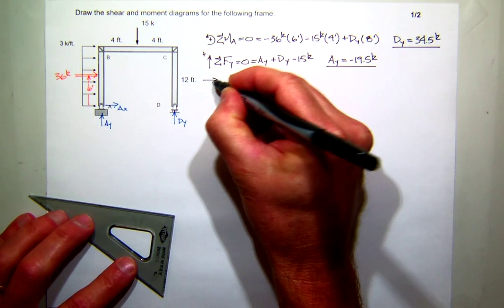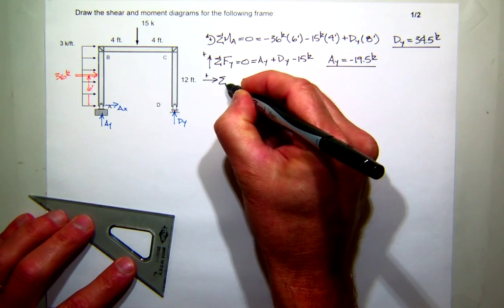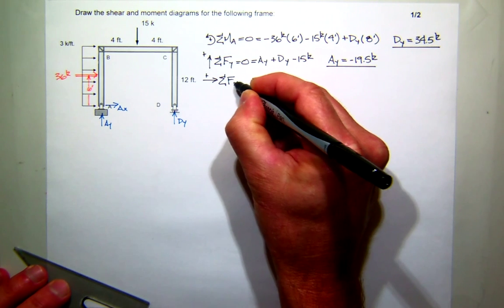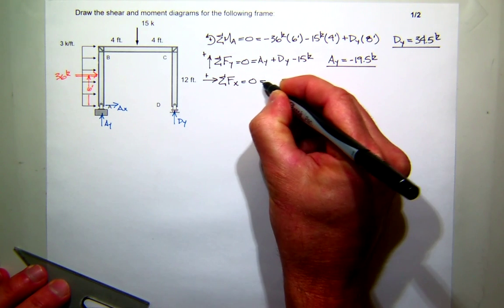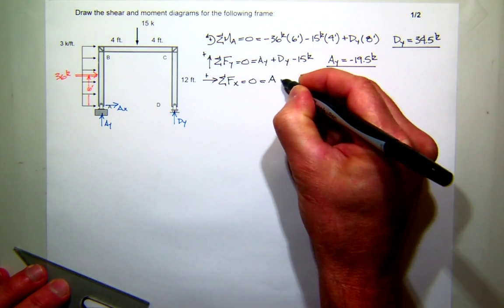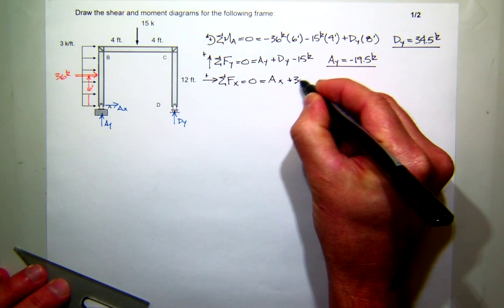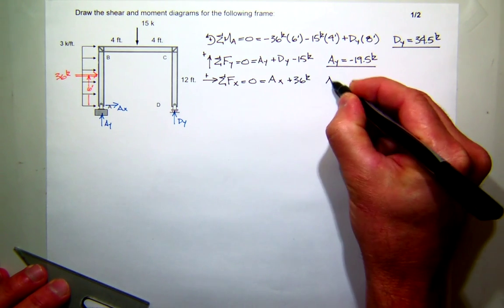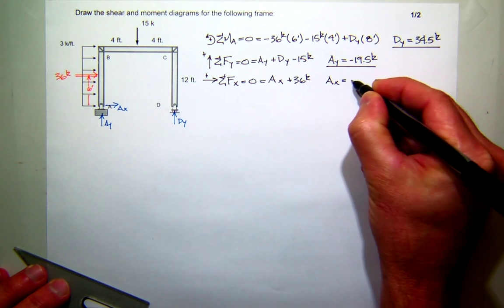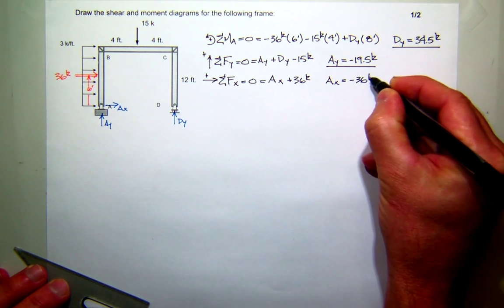And then the last thing I'll do for my reactions is to sum forces in the x direction. In this case, I just have AX to the right, and I also have this big 36 kip force to the right. So AX, I think I can solve that. That's minus 36, right?